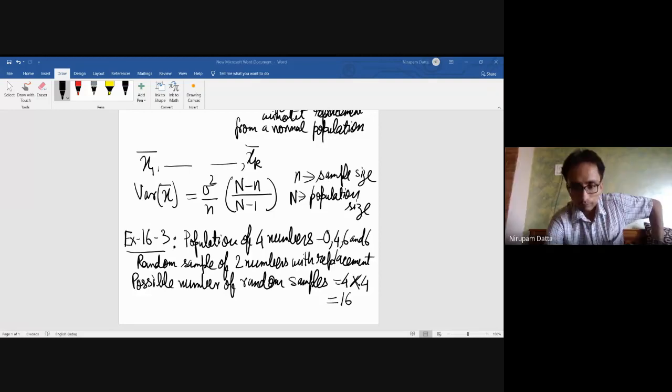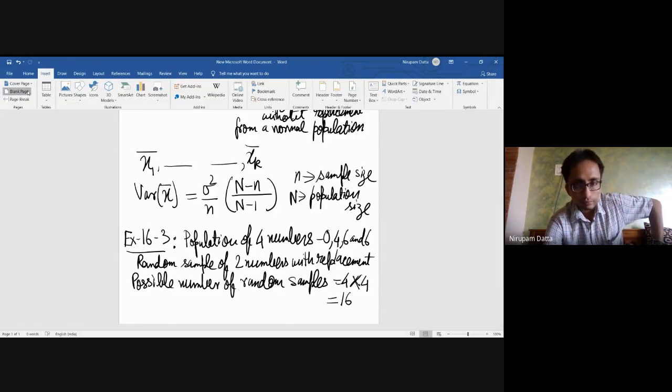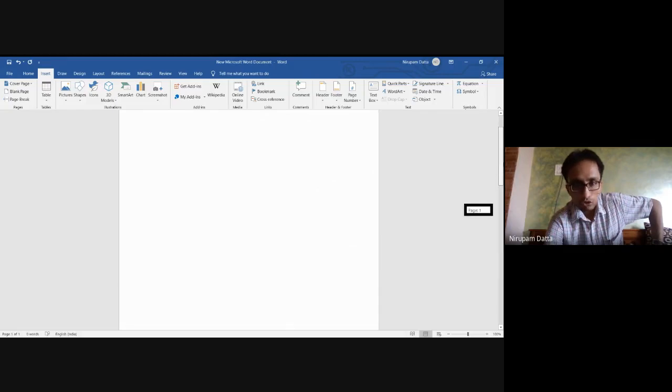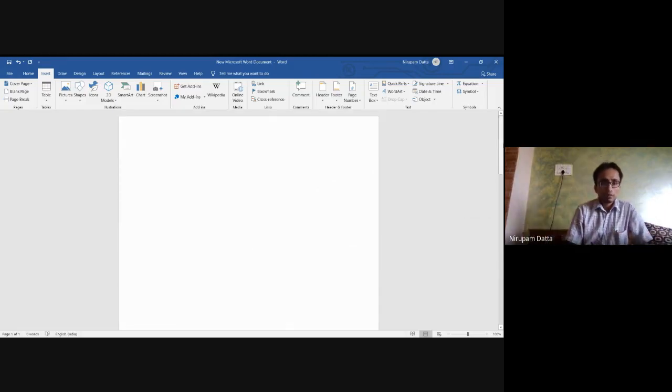Now we'll get to the next page. Sample number, what is the sample, and then we'll have to calculate the sample mean.